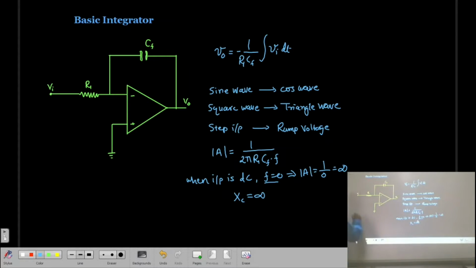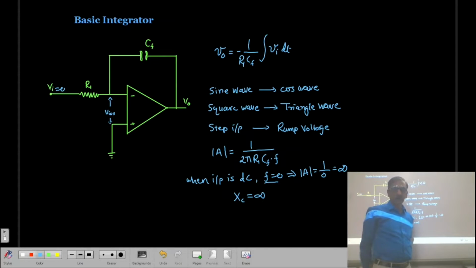Now, here my input voltage is 0, remember. But when we consider a practical op-amp instead of an ideal op-amp, we know that in a practical op-amp there is always an input offset voltage present between the inverting and non-inverting terminals.